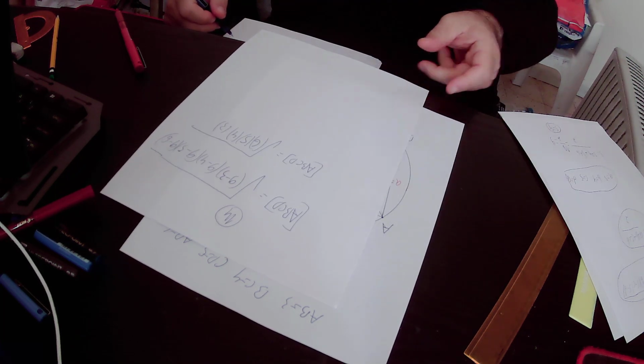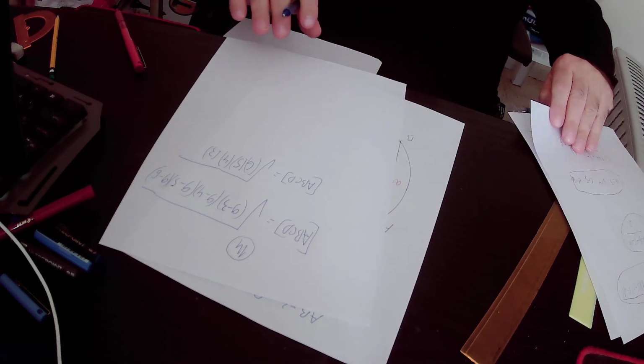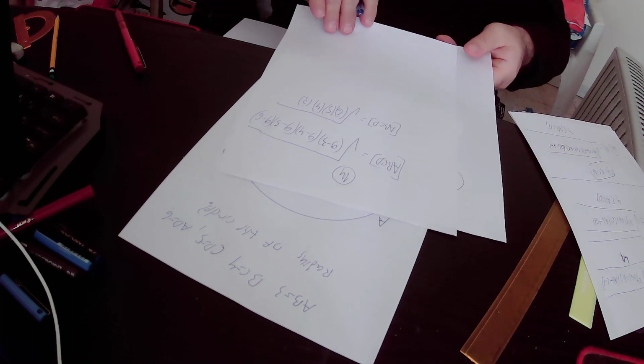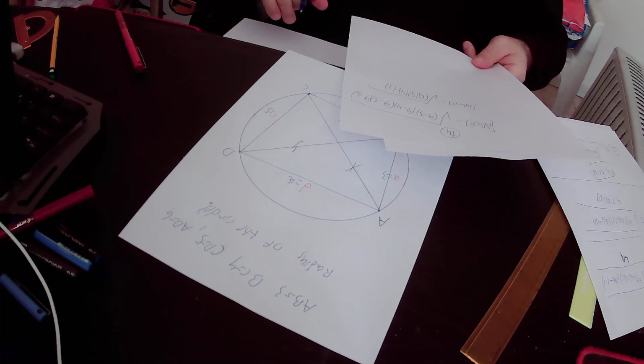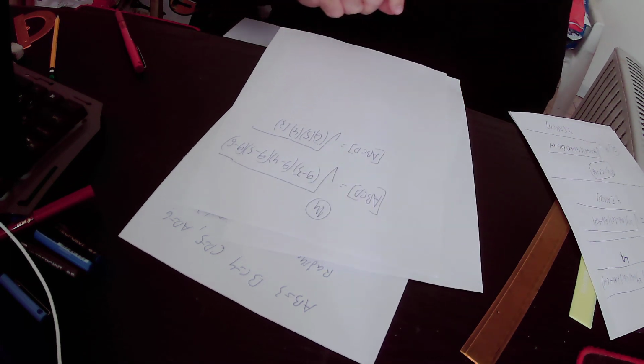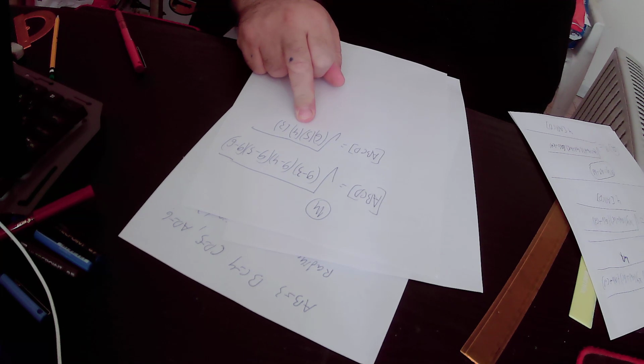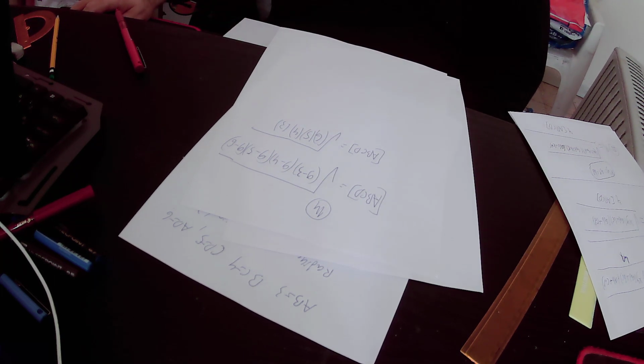3 times 4 is 12, 12 times 5 is 60, times 6, so we'll do it on the computer. 3 times 4 times 5 times 6 is 360.